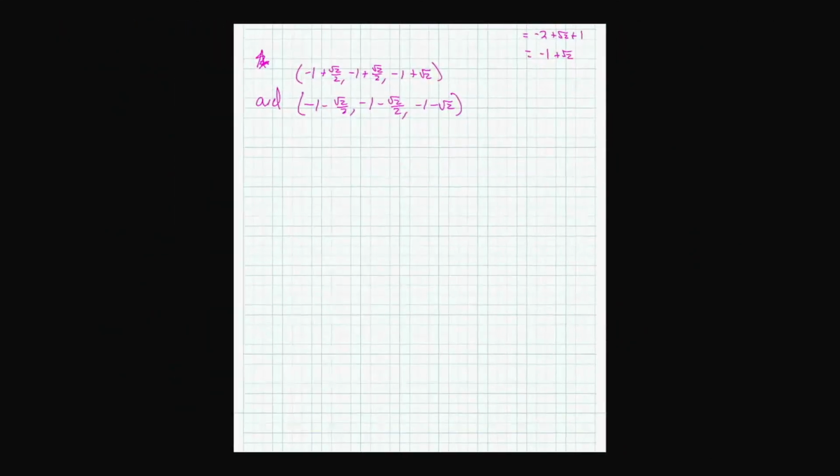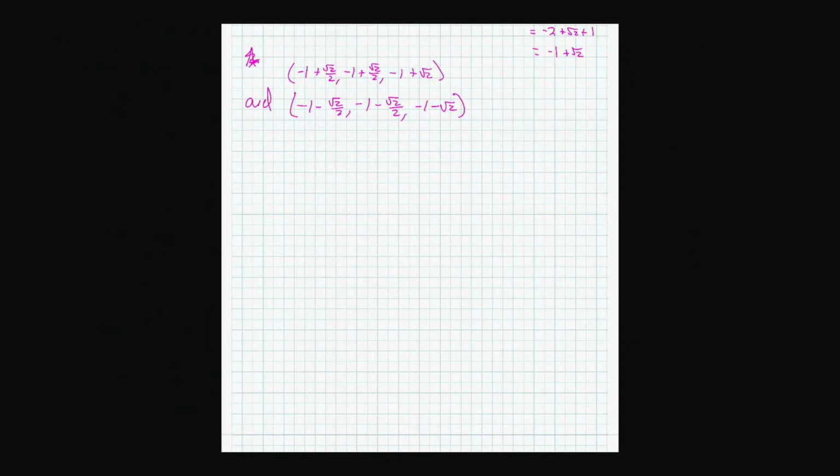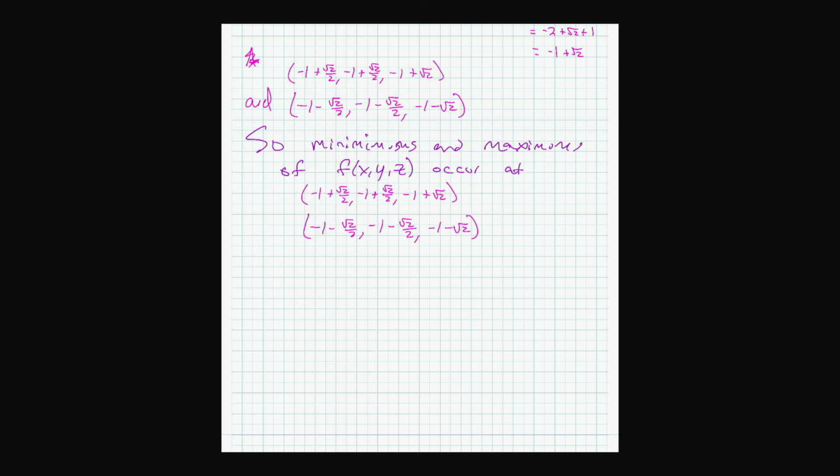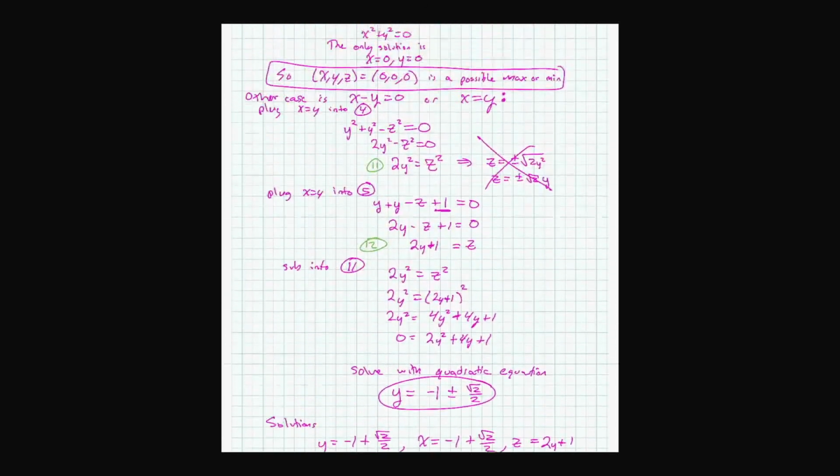Okay, so what do we got? The punchline here is that we now have all of our possible solutions. So all the minimums and maximums of f of x, y, z occur at these two, and also 0, 0, 0, right?